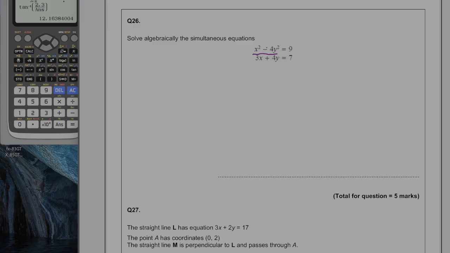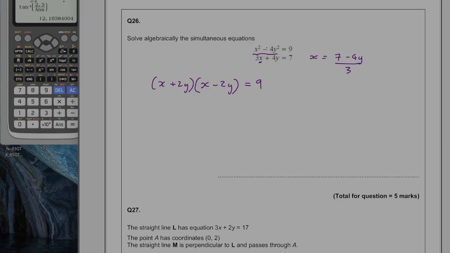So if I factorize that first of all, that's going to be x plus 2y times by x minus 2y. And that's going to be equal to 9. Now, is that useful to us? Marginally. Right, so I'm going to rearrange this for x. So x is going to be equal to 7 minus 4y all over 3.